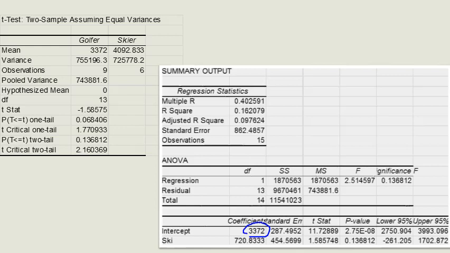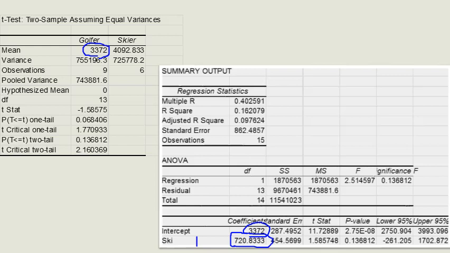And this is exactly the same as the sample mean for golf holidays. When the indicator variable switches from 0 to 1, then this slope coefficient is added to the intercept. So this slope represents the difference between skiing and golf holidays.